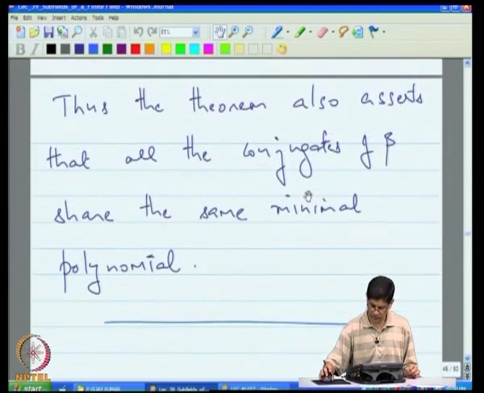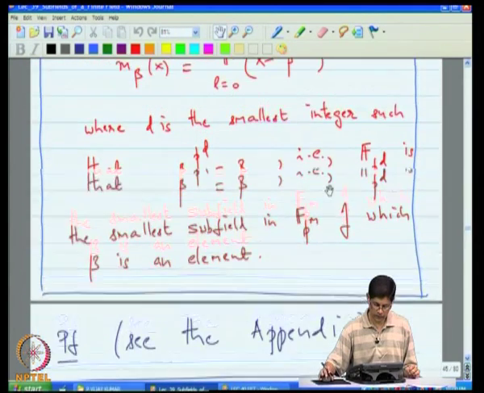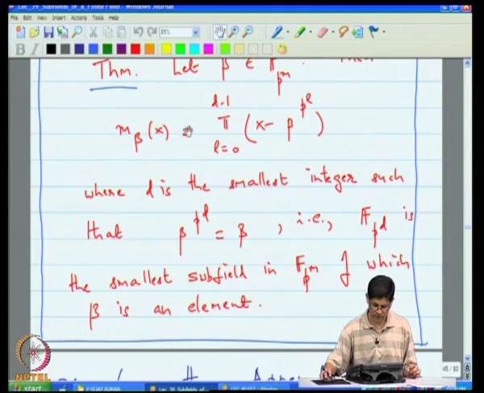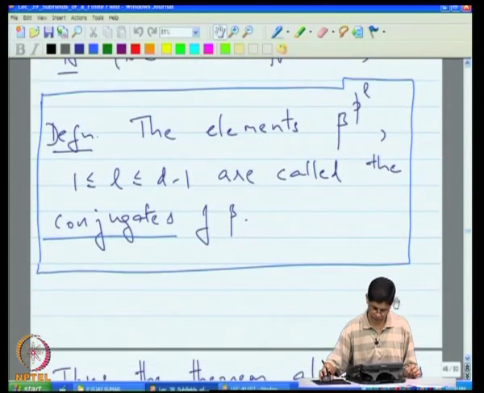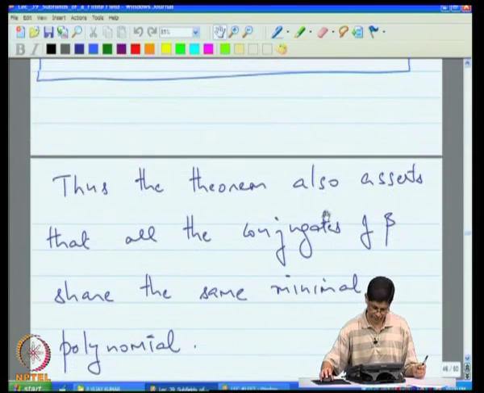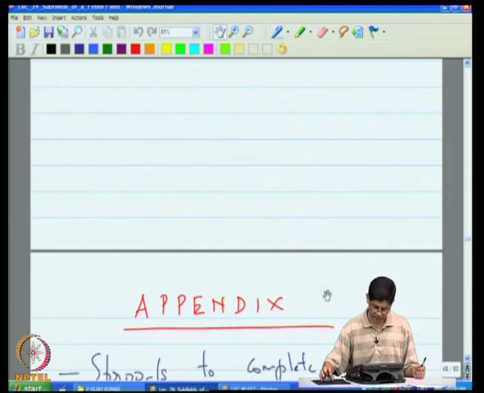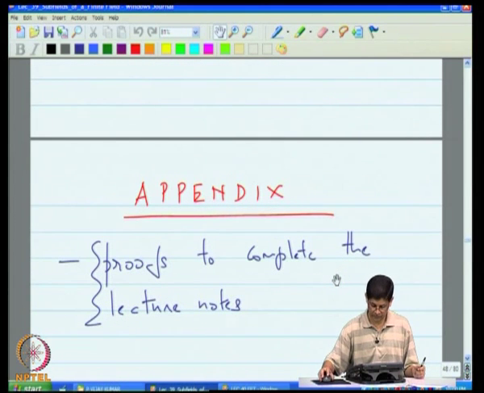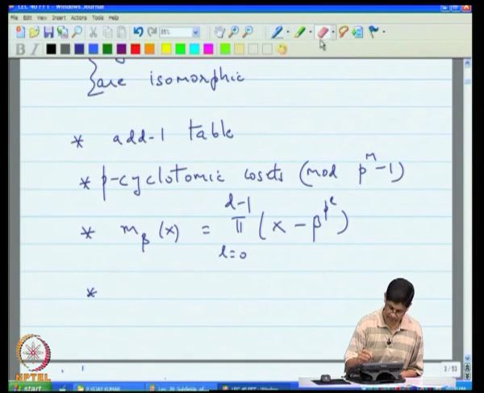What this theorem also tells us is that the conjugates of beta share the same minimal polynomial, because they are zeros of the same polynomial. And after this you have the appendix. So, that basically was the last lecture, and that concludes our summary.